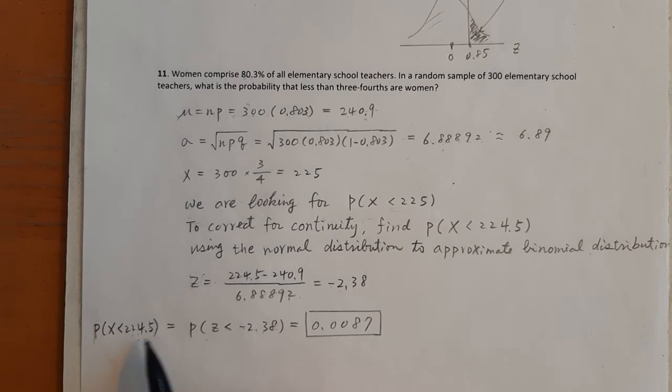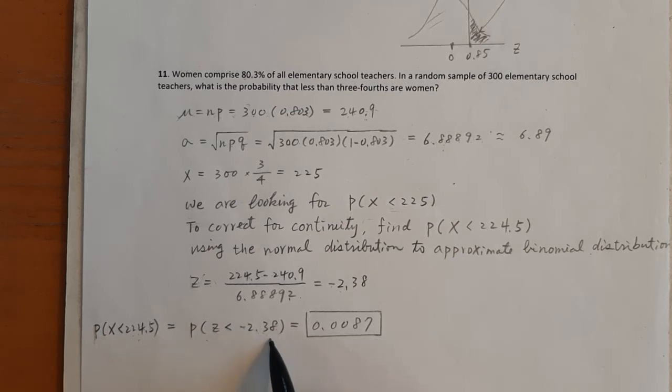The probability of X less than 224.5 is the same as the probability of z less than negative 2.38.